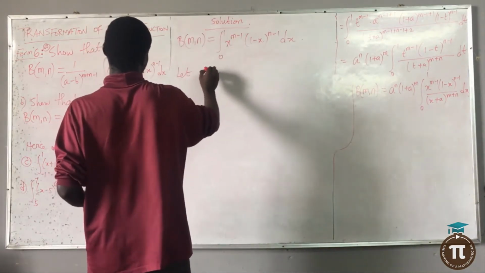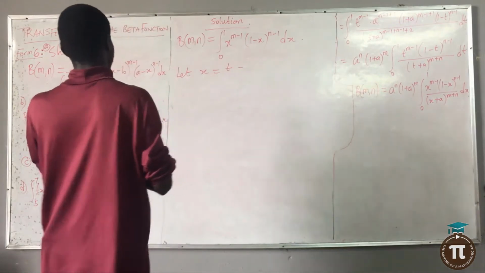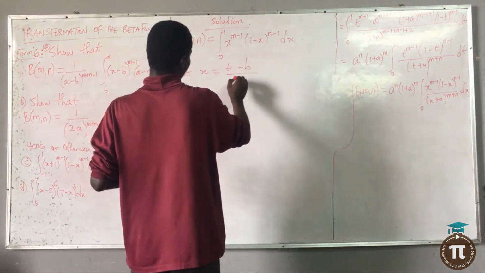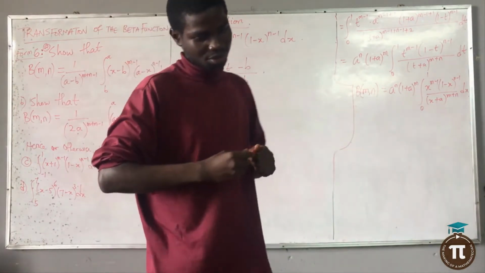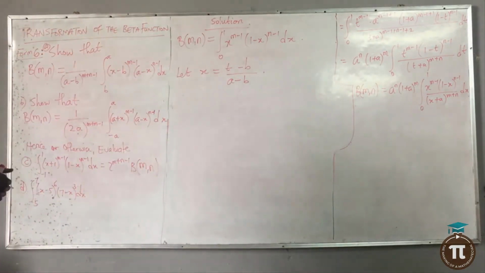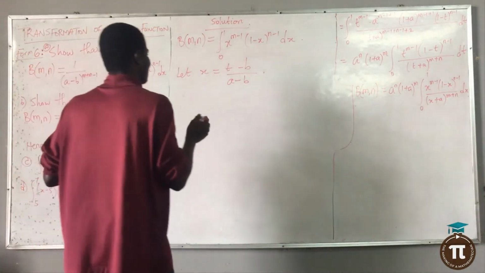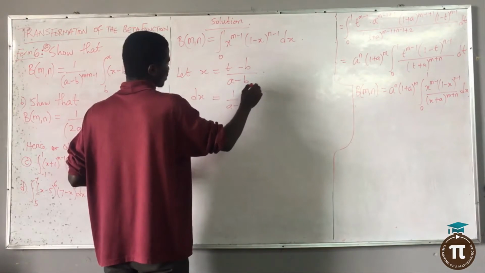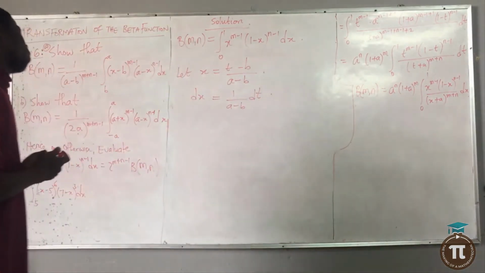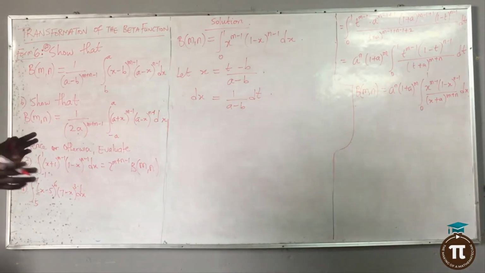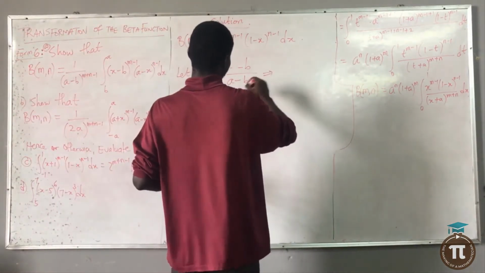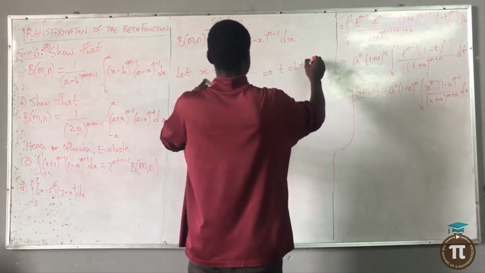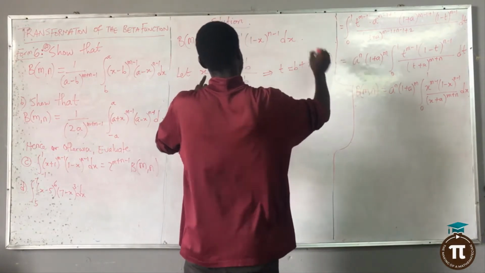I'll let s to be t minus b all over a minus b. So differentiate, ds will be equal to 1 over a minus b dt. We can try to make t the subject of formula. If we make t the subject of formula here, t will be equal to b plus s a minus b.